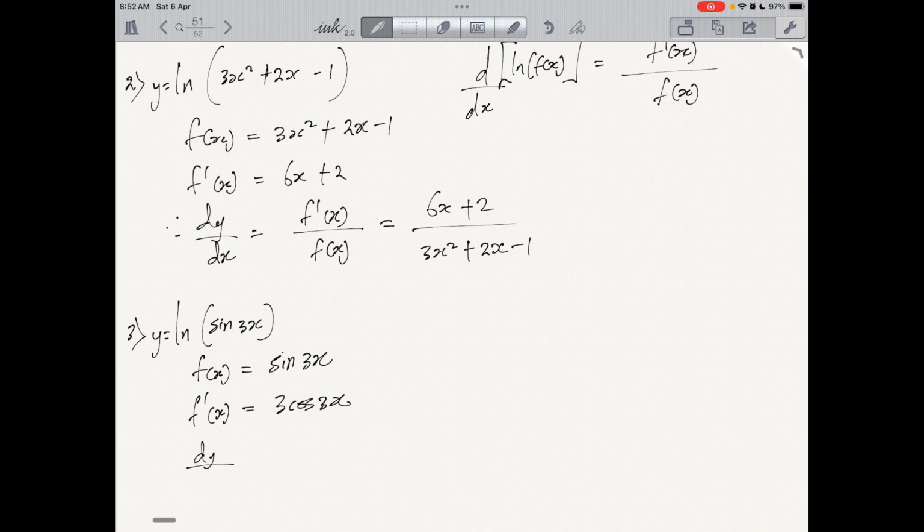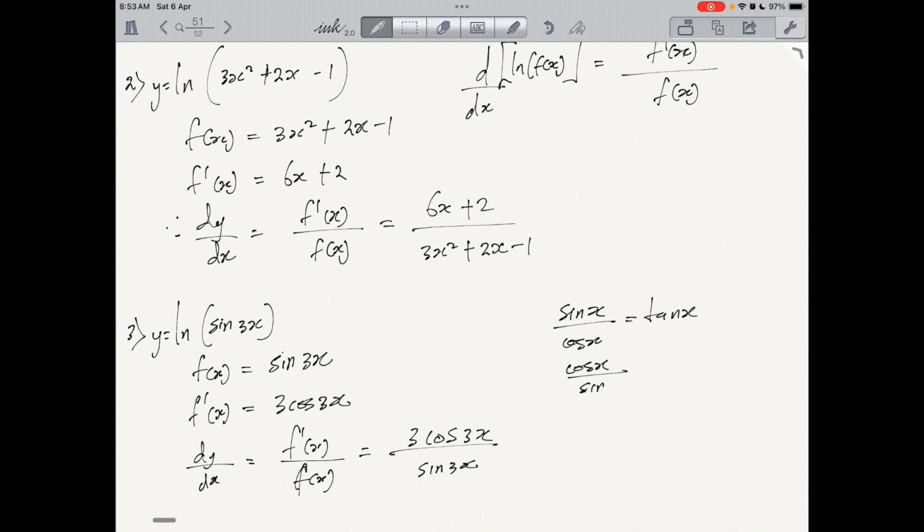Therefore, dy/dx, applying logarithm differentiation, will give us f'(x) divided by f(x), and that will give us 3 cos 3x divided by sine 3x. We understand that sine x over cos x is equals to tan x, and cos x over sine x is equal to cot x. Therefore, 3 cos 3x over sine 3x will give us 3 cot 3x.